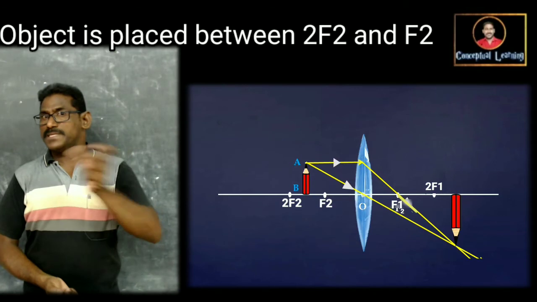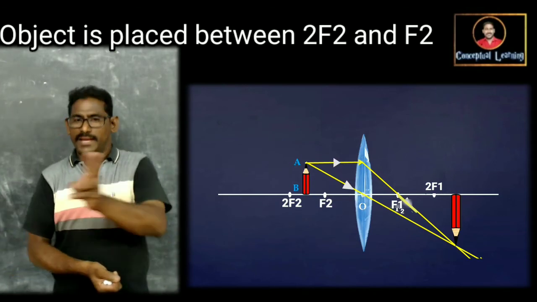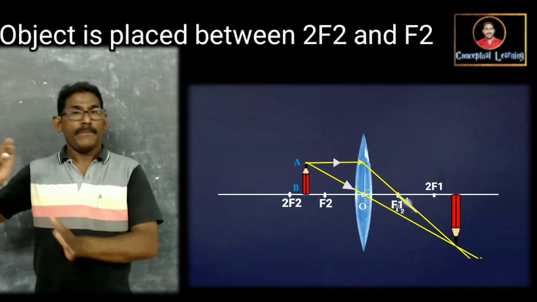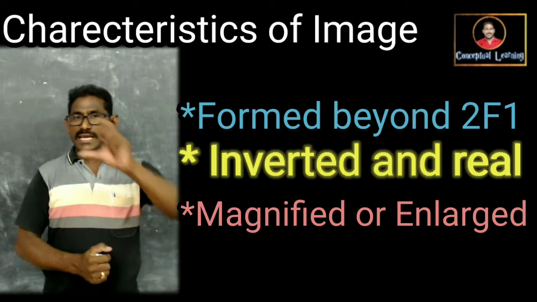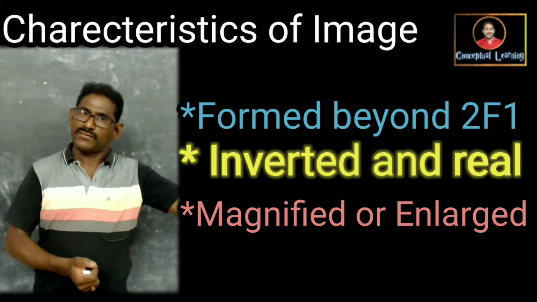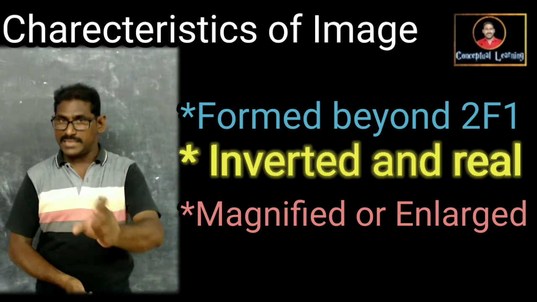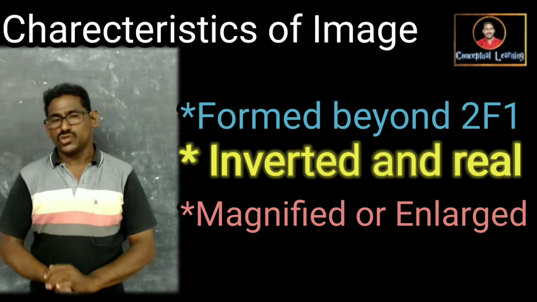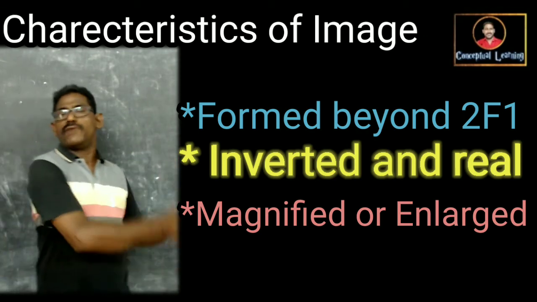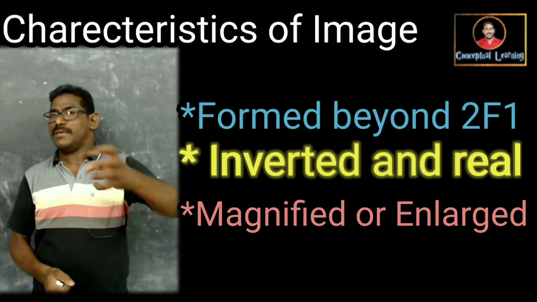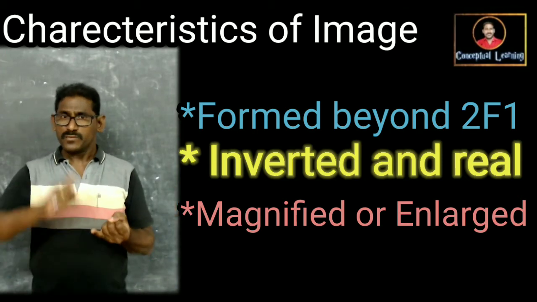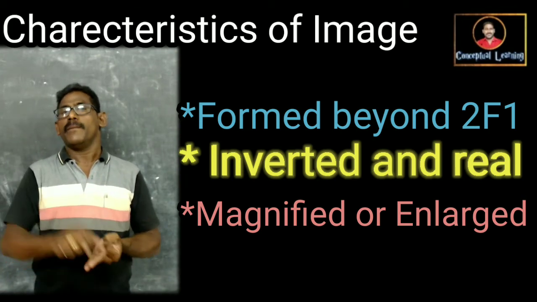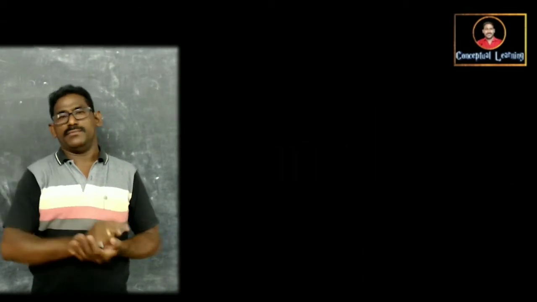So the image is formed on the other side of the convex lens, beyond 2F1. The size of the image is more than that of the object. Hence, the image is said to be magnified. It is an inverted and real image. So the characteristics of the image formed are: it is real, inverted and magnified, formed beyond 2F1.